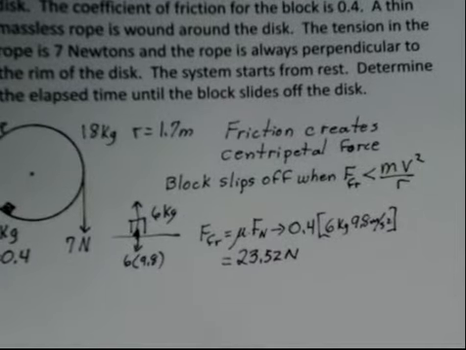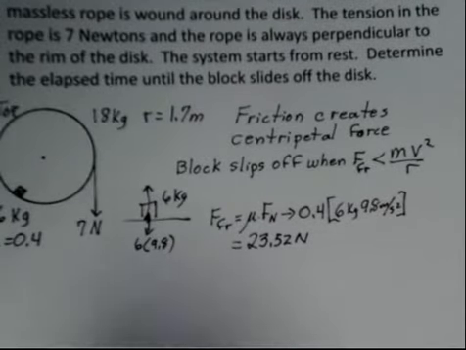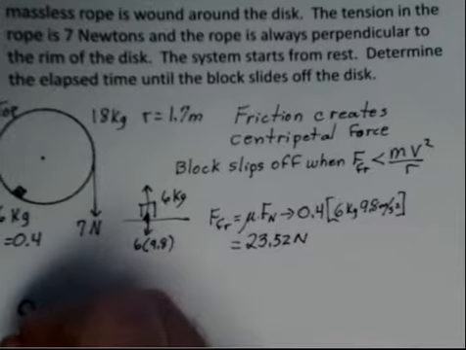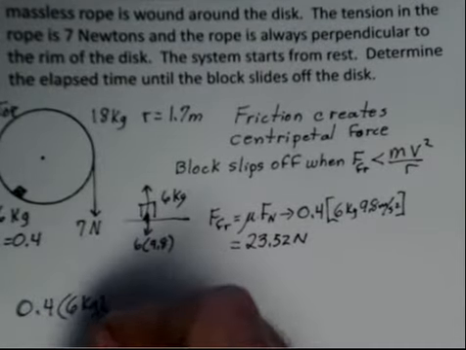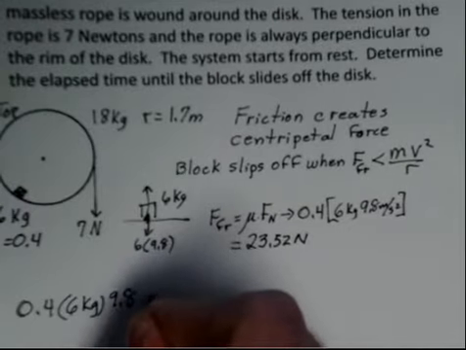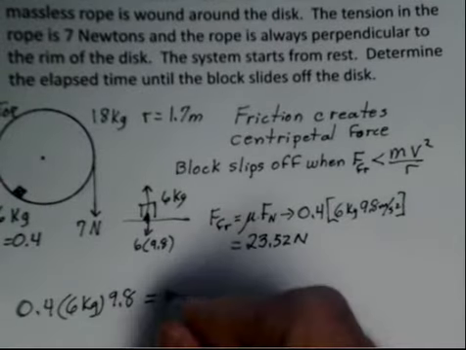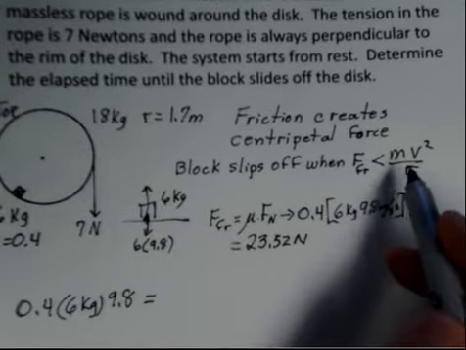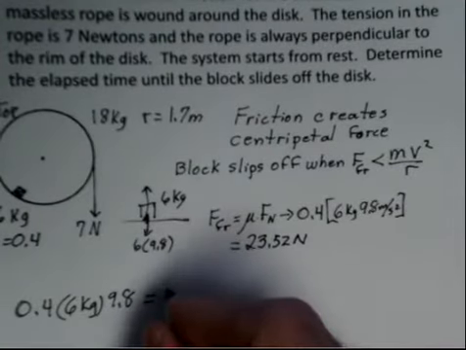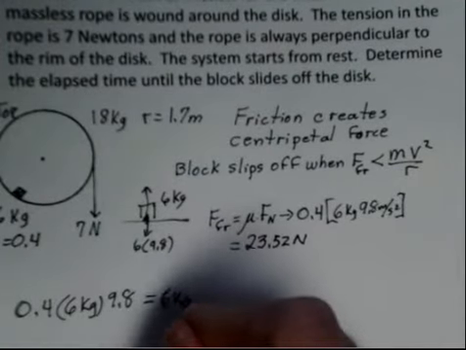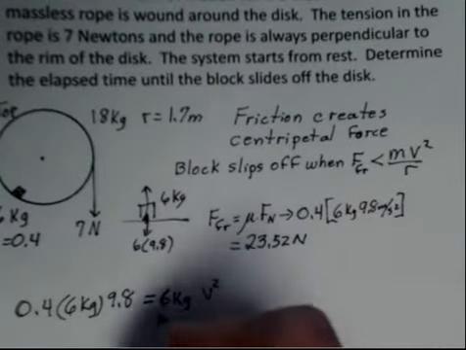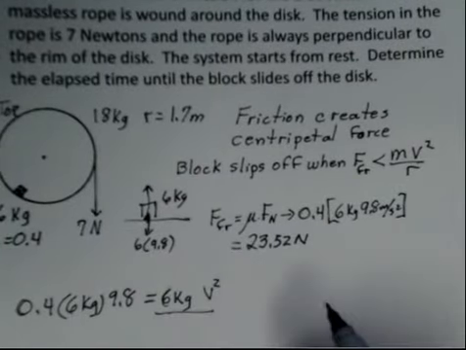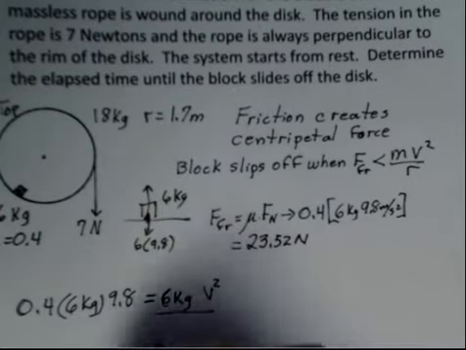So 0.4 times 6 kilograms times 9.8, set equal to the mass in circular motion, again 6 kilograms, times v squared over the radius we're given for this disk, 1.7 meters.